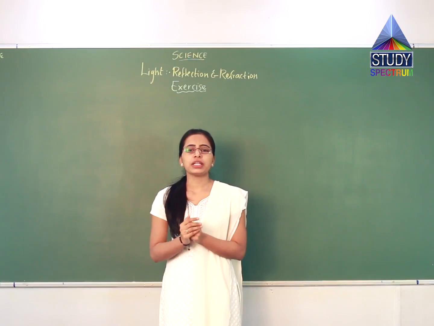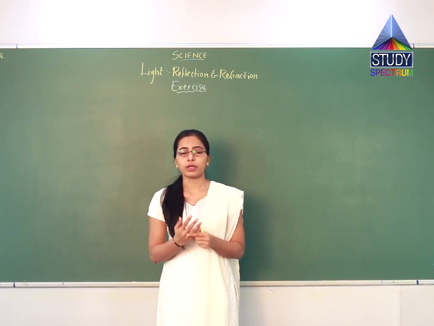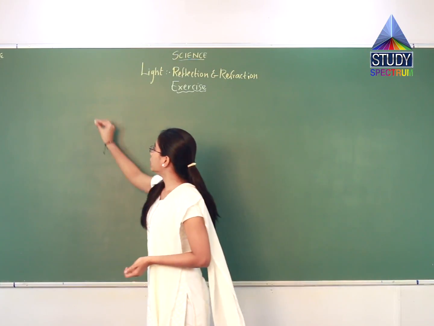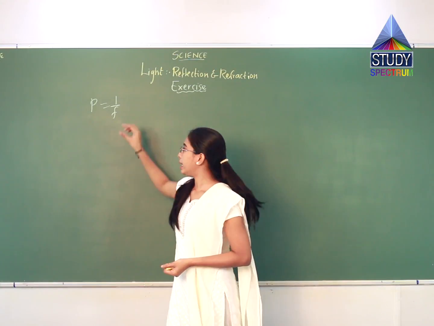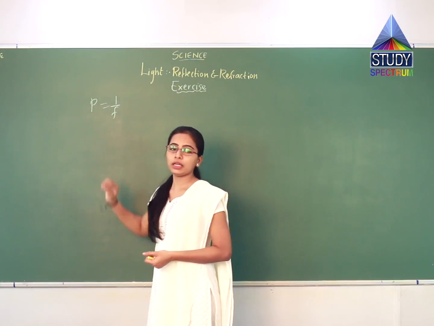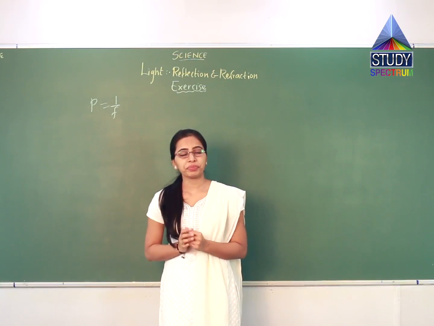Also, magnification is much more for a convex lens having a shorter focal length, because if you remember, the power was 1 upon f, meaning the lesser the focal length, the greater the power, and the greater the magnification. So C is your answer.